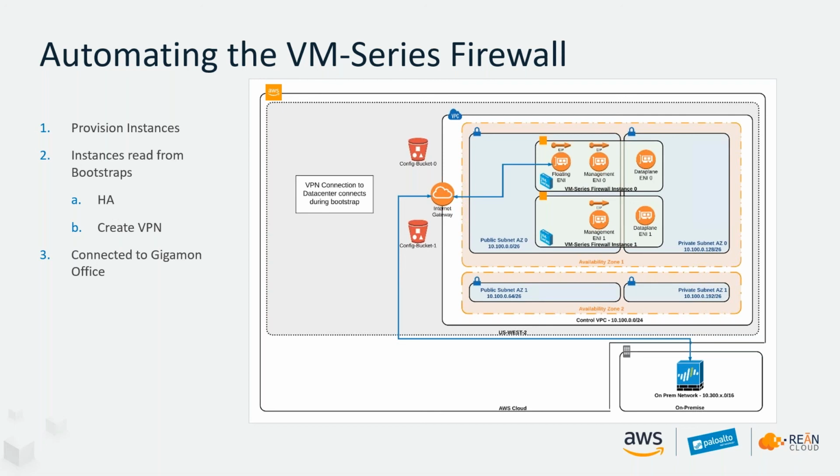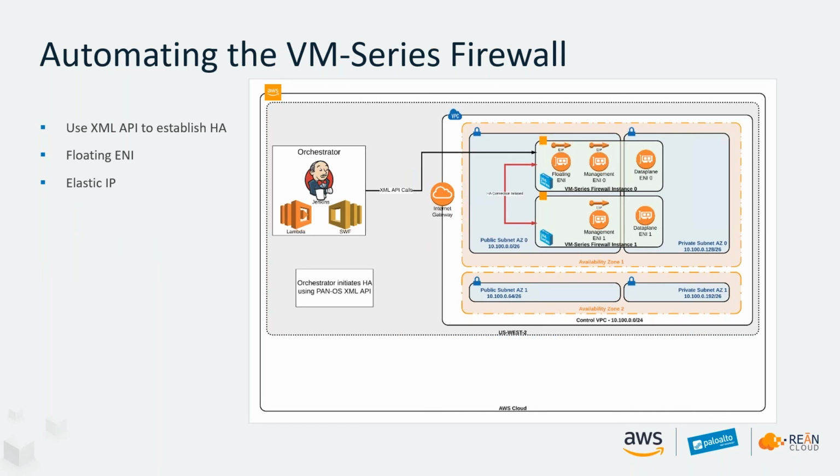All right. So at this point now, we are actually connected from the control VPC to Palo Alto Networks, to Gigamon's offices in California. And so now the next piece in the puzzle is, okay, how do we actually allow the developers to be able to configure the VPCs that they're going to need to do the development?